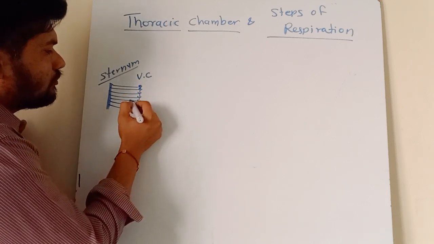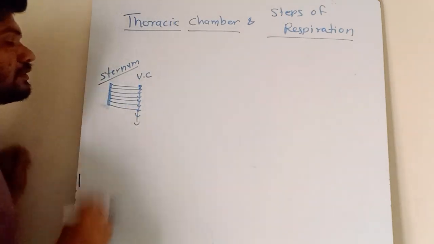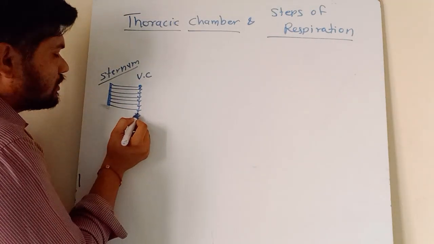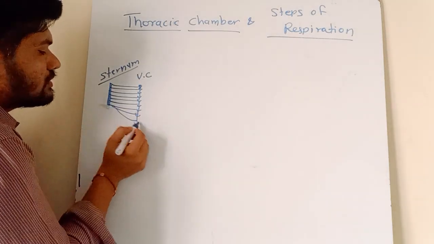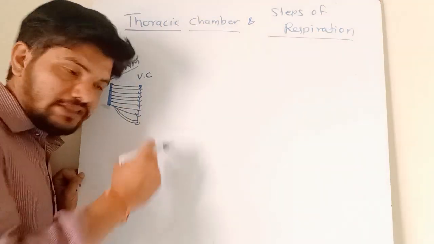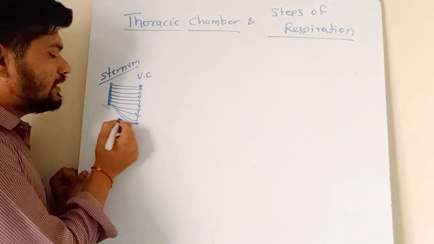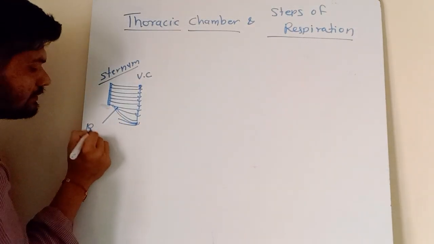One, two, three, four, five, six, seven. Then three ribs are false ribs, which are not attached with the sternum but attached with the seventh rib, and two ribs are floating ribs.